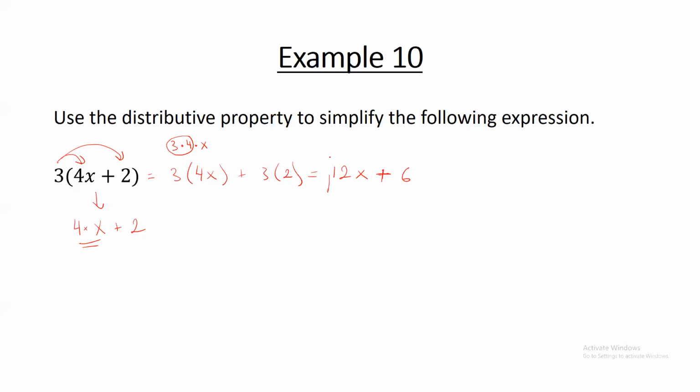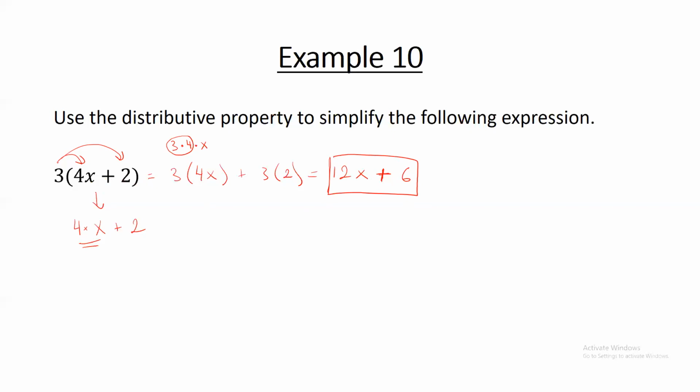And by the way, 12x plus 6 is our final answer, because just like I described earlier with the 4x plus 2, there's no way for me to multiply 12 by x, so I never get to add 6 to anything. I'm really done here. This is as simple as my expression is going to get.